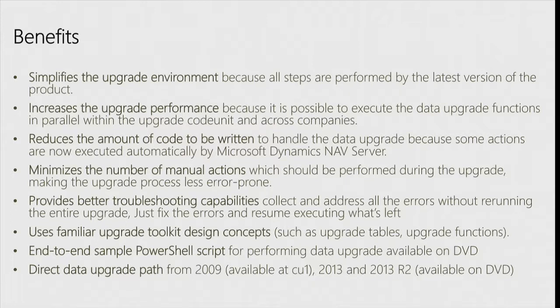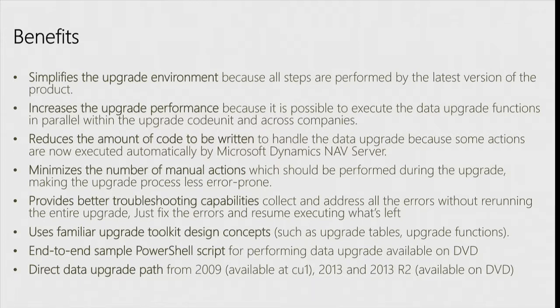And of course, in both the data upgrade and code upgrade, the big improvement is that it has minimized the number of manual actions that you need to perform. So it would be much, much less error prone. We just saw in the keynote what happens if you have a long list of manual things that you need to do: there would always be an error. And of course, we have better troubleshooting capabilities.